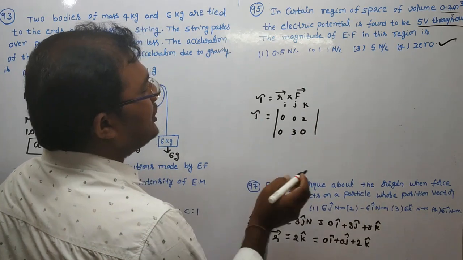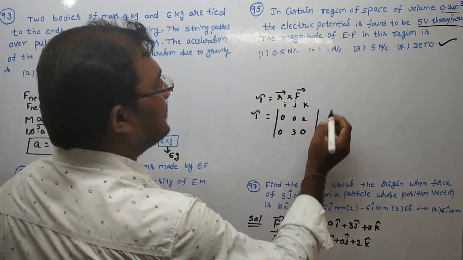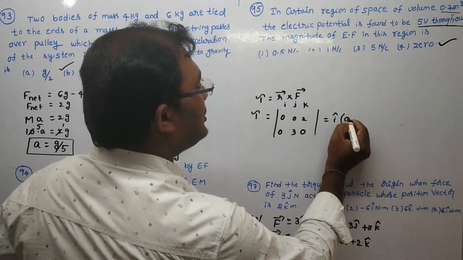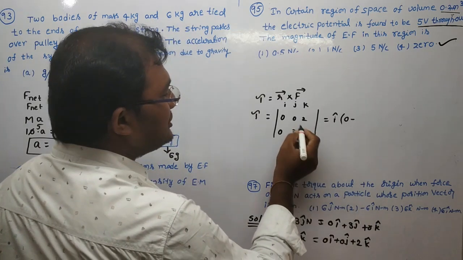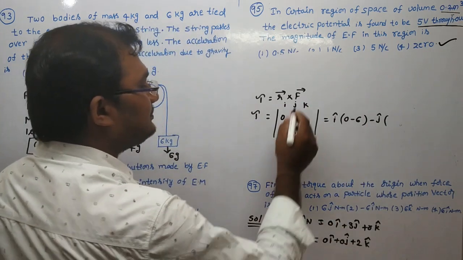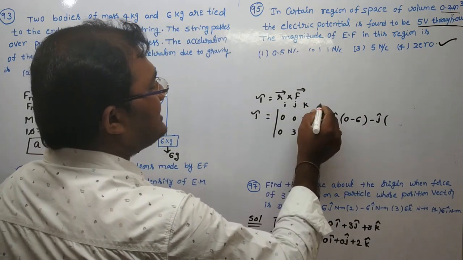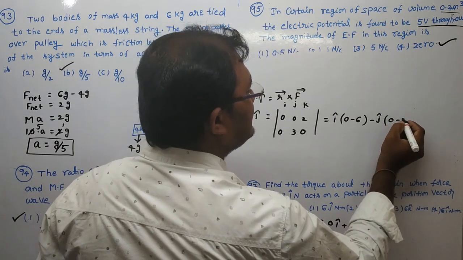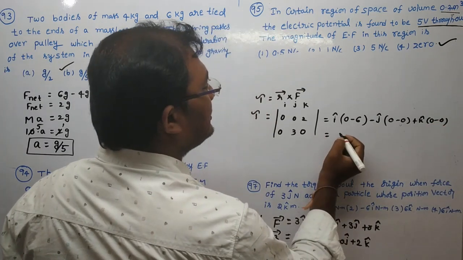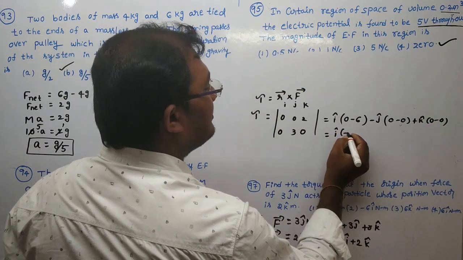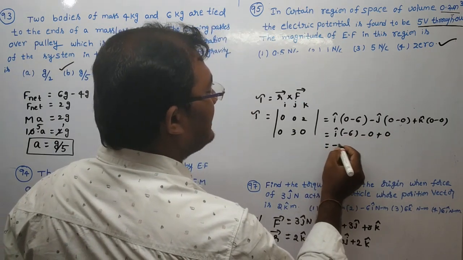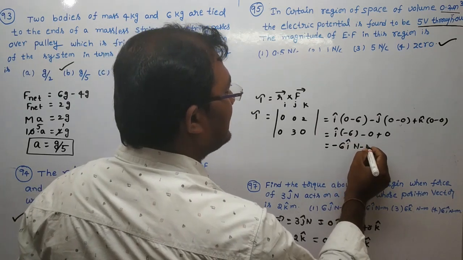Therefore, we ignore the first column and first row, that equal to i cap into 0 minus AD minus BC, 0 minus 6, minus j cap into, we ignore the second column and the first row, 0 minus 0, plus k into 0 minus 0, that equal to i cap into minus 6 minus 0 minus 0 plus 0, that equal to minus 6 i cap Newton meter.